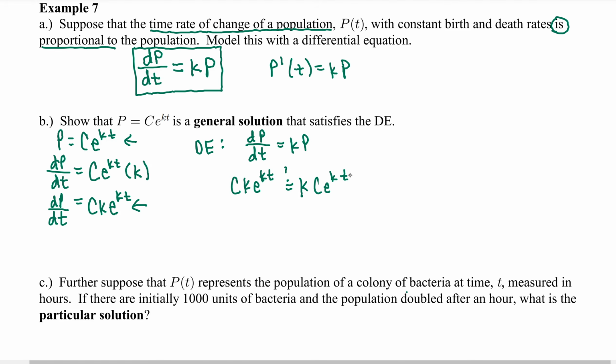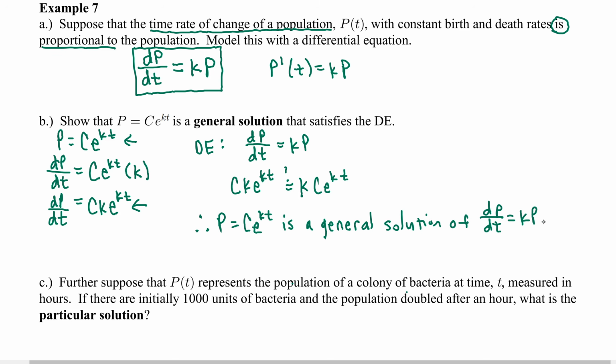Now, multiplication is commutative, so we know that Ck is equal to kC. So yes, we can say, therefore, we've established balance. P equals Ce to the kt is a general solution of dP over dt equals kP.